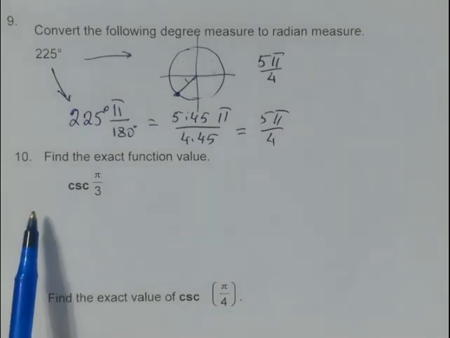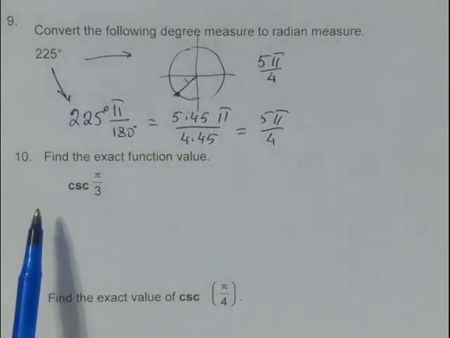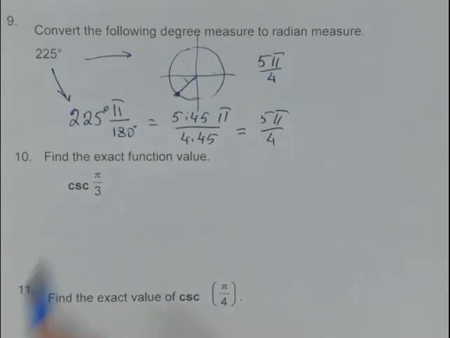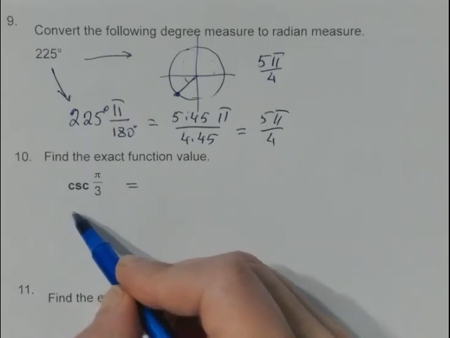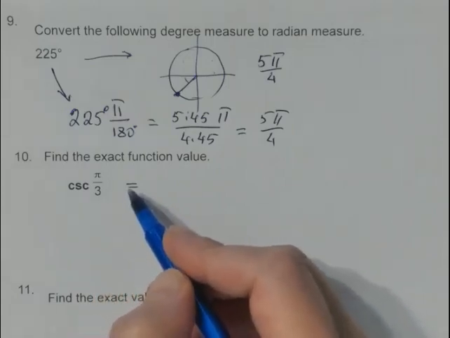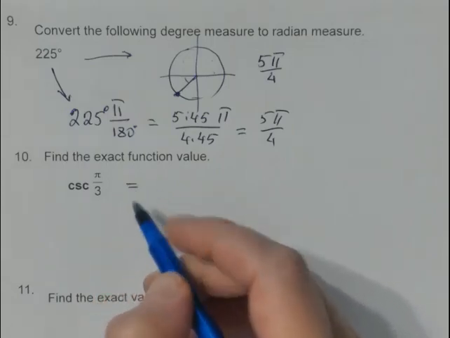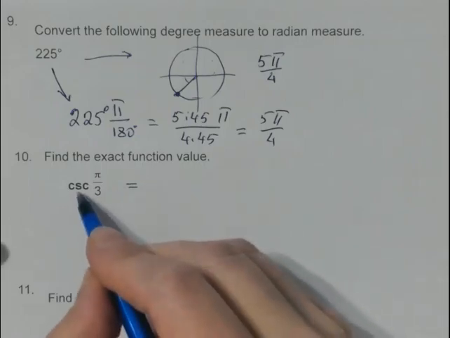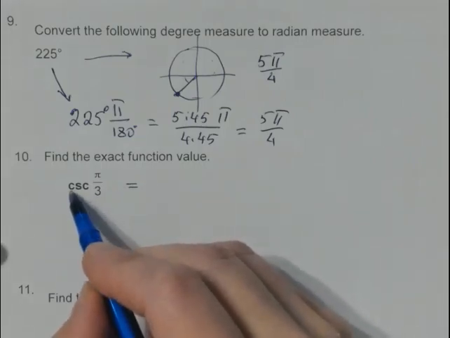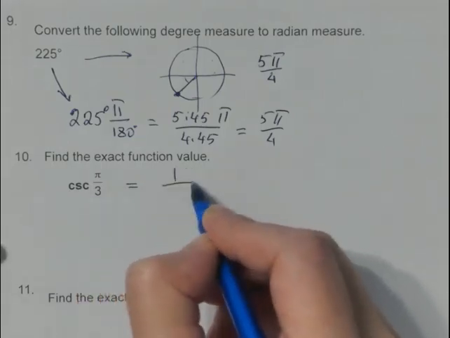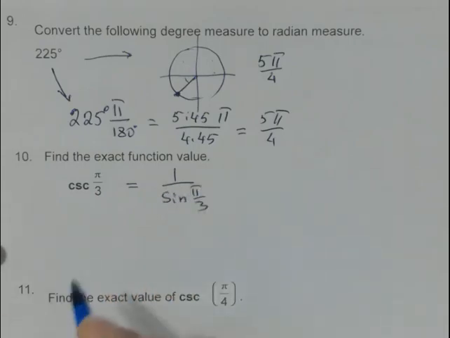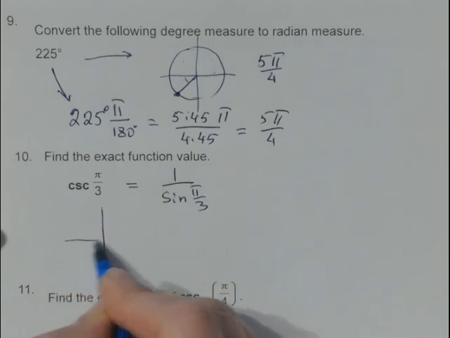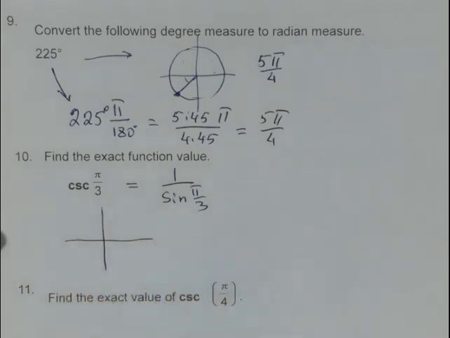Find the exact function value cosecant of pi over 3. First we must represent cosecant in terms of cosine and sine functions that we are more familiar with. Cosecant is the reciprocal of sine, so it is 1 over sine pi over 3. Sine of pi over 3 can be found on the unit circle.